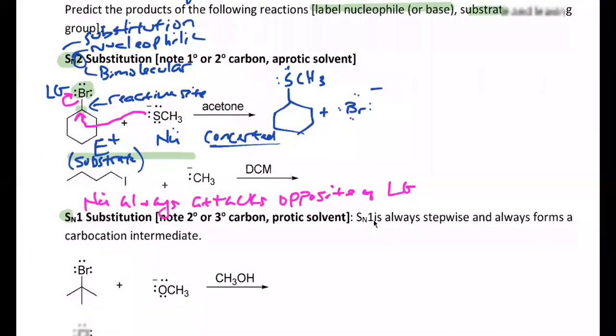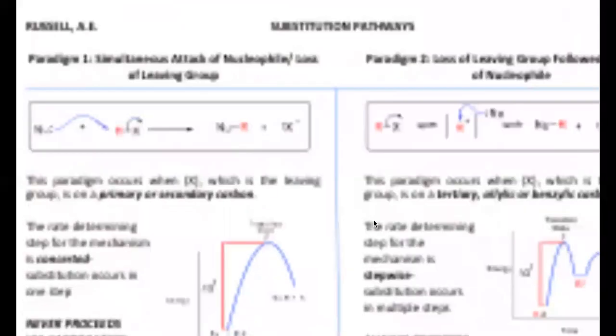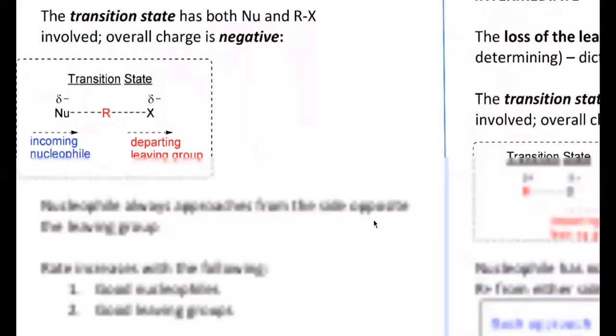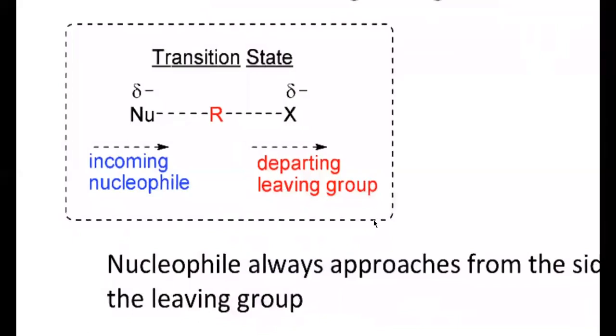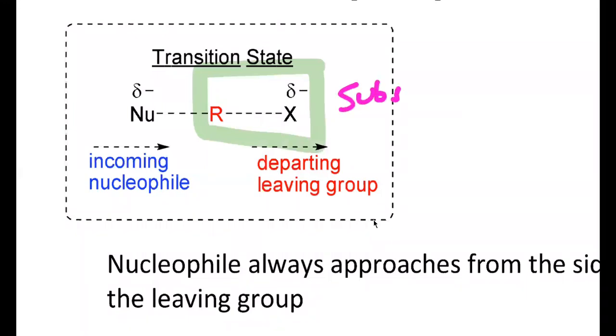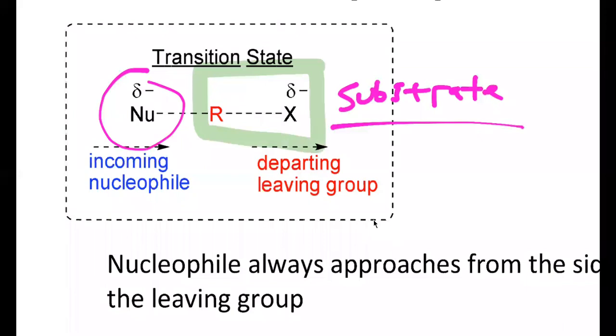So let me show you on the next page. If this is my substrate, and this is my nucleophile, the nucleophile comes in from the backside of where the leaving group is. They never attack on the same side, but it's all happening at the same time.